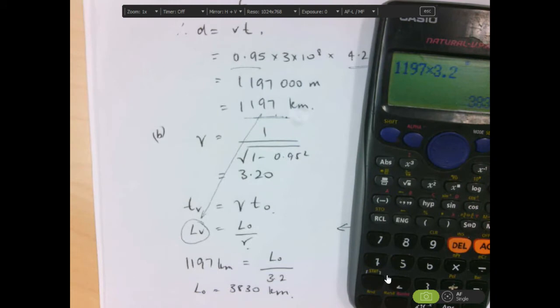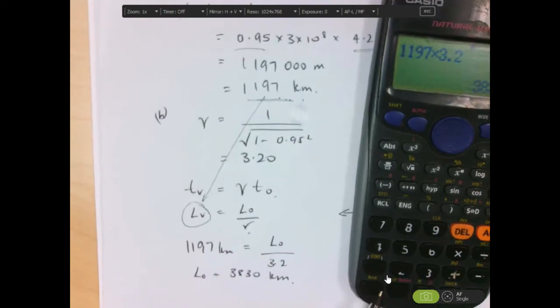So you would travel 3,830 kilometres before you decay. I'm just having a look at my values here. Got that right. I must have rounded this number here. I've got it as something else. Okay, I'll just continue on.